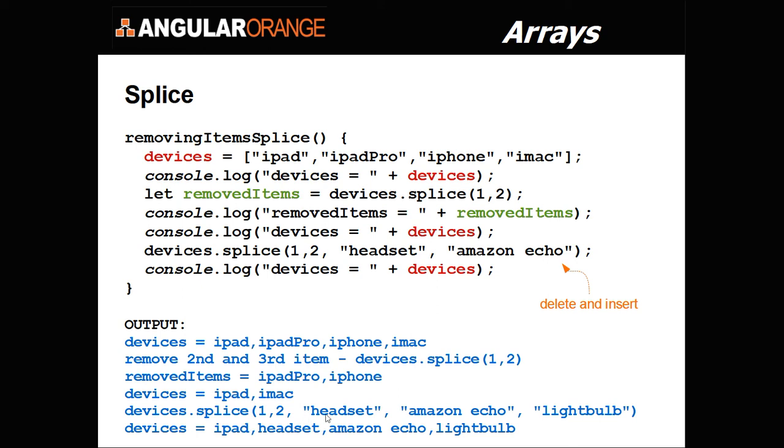But it kept the iPad, and then it added the 3 elements: headset, Amazon Echo, and light bulb. So the bottom line is with splice you can do add and remove at the same time in a particular range in the array.